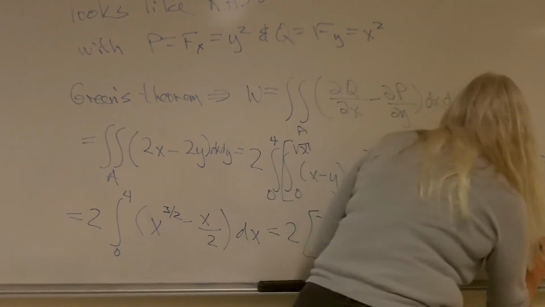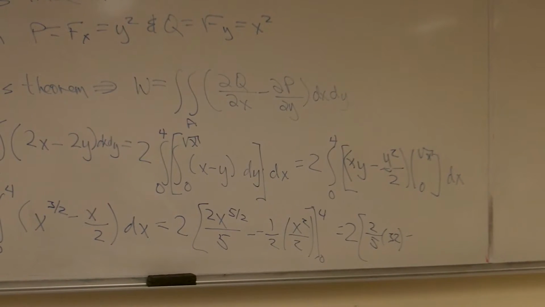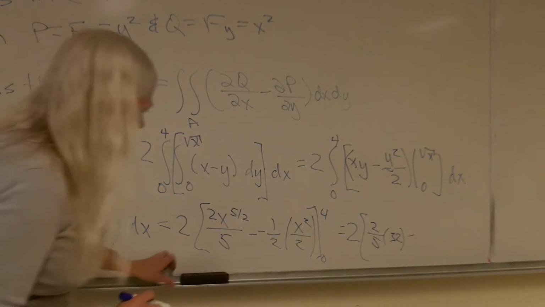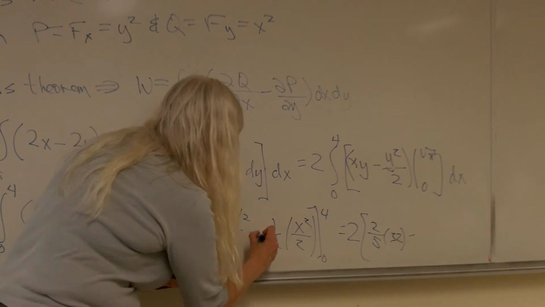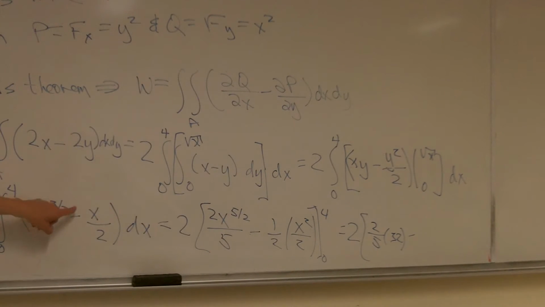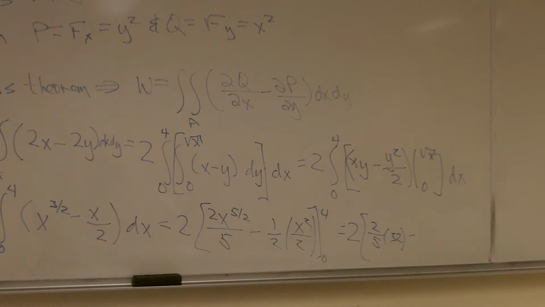Why is it minus 1/2? Why are there 2 minus signs? Shouldn't there be only 1? I think there should only be 1. I think what happened is when I erased it, I didn't erase the minus sign, and then I wrote another one anyway. Okay.